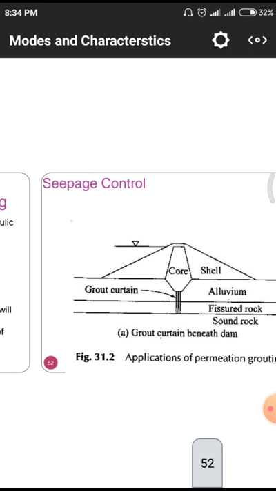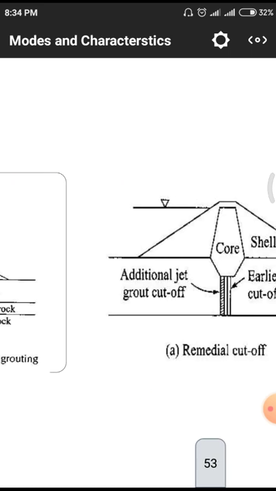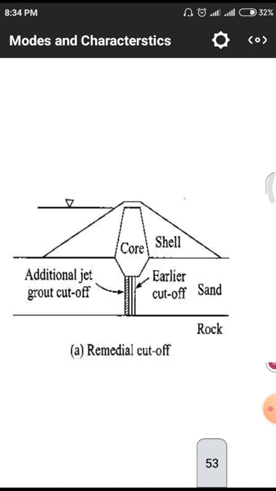Earlier we had only these two layers, after that they give some quantity of cover to the surface of this alluvium, so that the water will not flow through these points. The bottom has rock strata. Above the rock strata we have sand on one hand, and on the other hand also some materials, so that the water will not move from one direction to another direction.